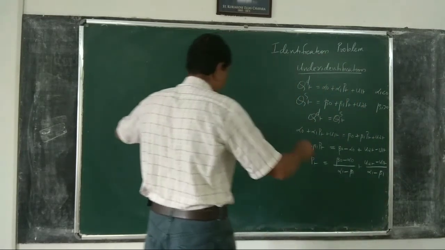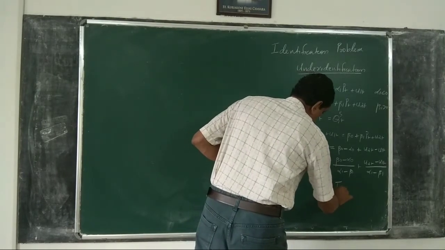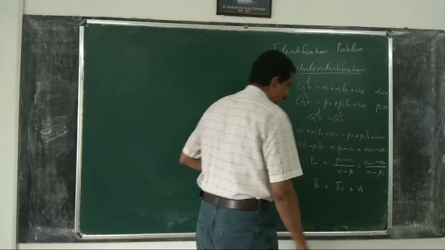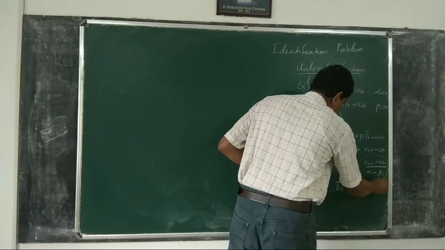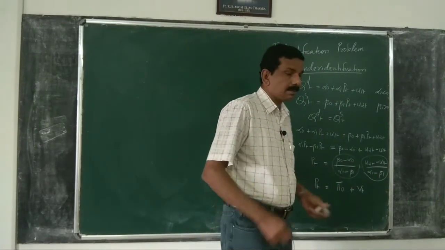Let this be pt is equal to pi 0 plus vt, and as you know, this is pi 0 and this is vt. So pt is equal to pi 0 plus vt.